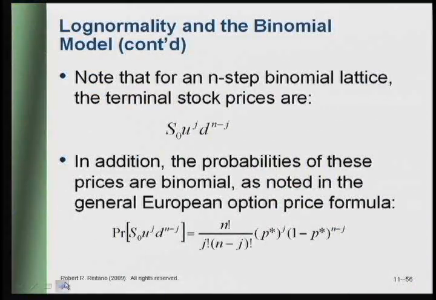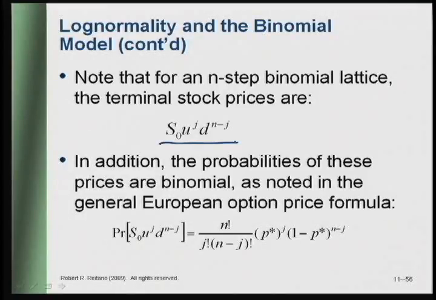So in this n-step binomial lattice, where it takes me n steps to get to my terminal stock prices, we've seen this expression before. All the stock prices at my nth step have the same form. The initial stock price, and then I have some number of u's and d's, but the total number is always n, because in each step of my lattice I either get a u or a d, and after n steps I have to get a total of n u's and d's.